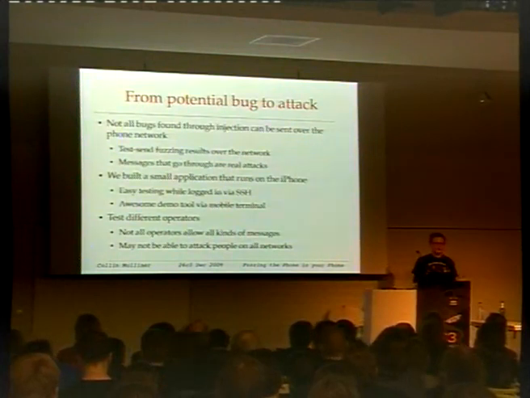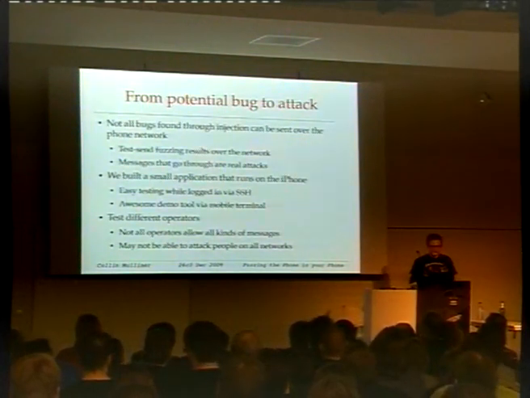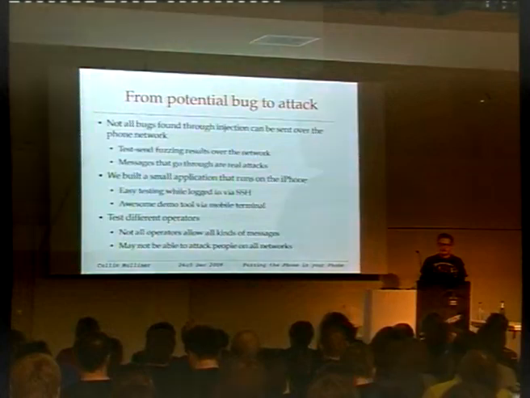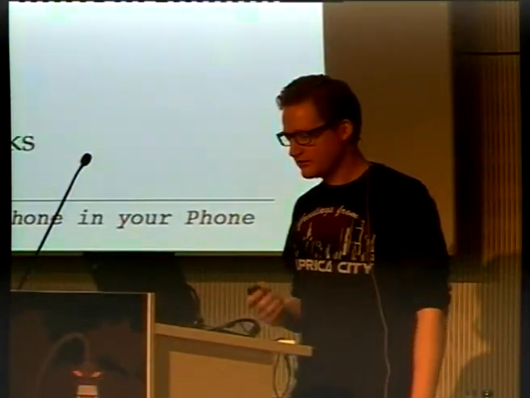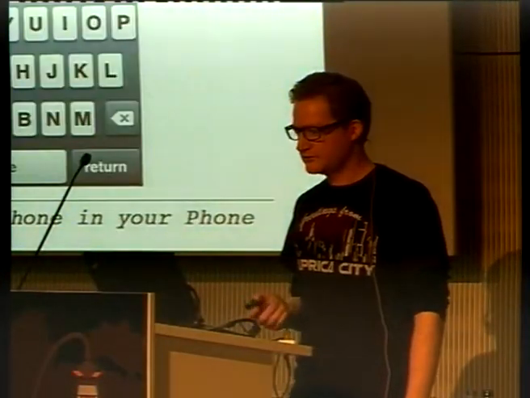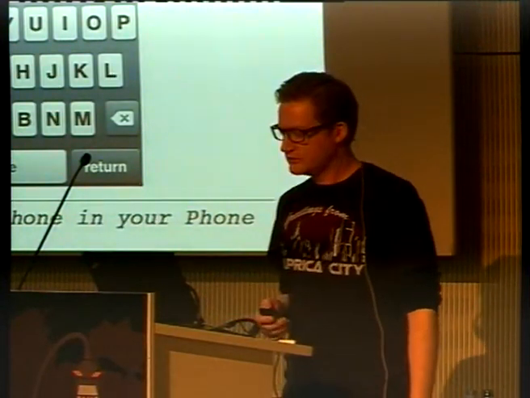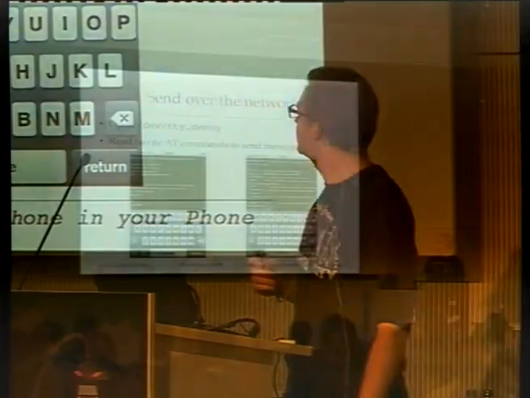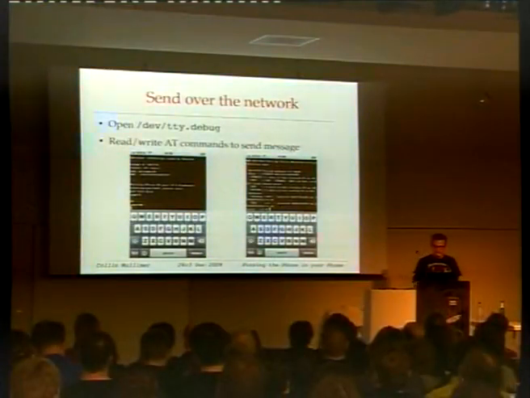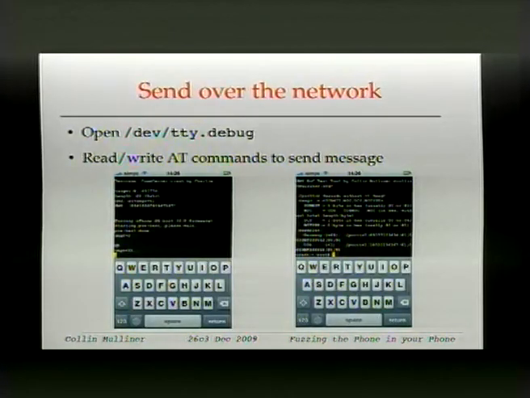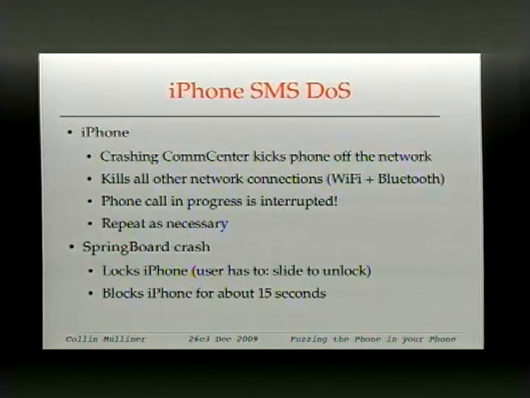You still have to go out and test on other operators. Of course, we did not test all operators, just some in Germany and some in the US. This is just a small application, I don't know if I actually released that, but at some point I will. It's just some SMS sending tool, which directly takes PDUs.